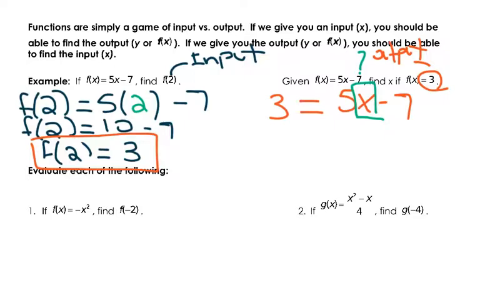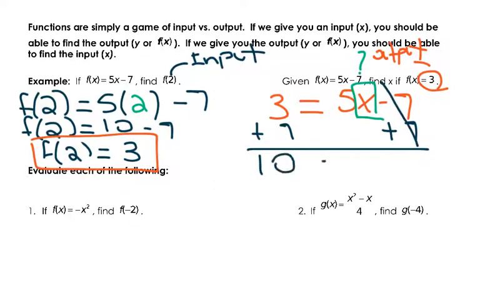To do so, you want to use inverse operation, something we haven't gotten into yet, but we will in our next unit, which is coming up. So if I want to move the negative 7 to the other side, I have to add it to both sides. Right, so I'm doing the opposite operation, which is inverse operation. I end up getting 0 here, and that would give me 10 is equal to 5x.